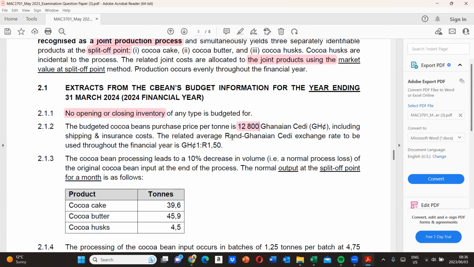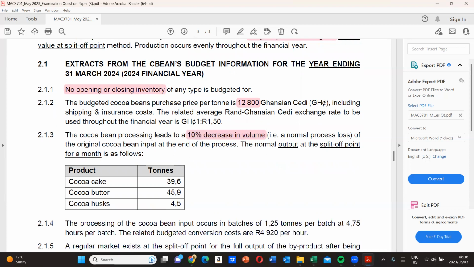The related average Rand to Ghanaian cedi exchange rate to be used throughout the financial year is 1 Ghanaian cedi is equivalent to 1 Rand 50. The cocoa bean processing leads to a 10% decrease in volume, that is normal process loss of the original cocoa bean input, at the end of the process.